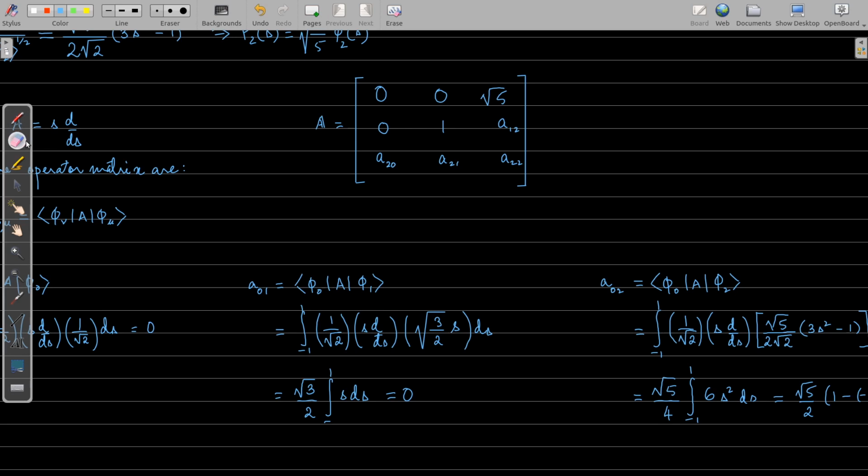Likewise, if you calculate, find out the a12 coefficient, this one's value will again be 0. Then a20 will also be 0. A21 will also turn out to be 0.